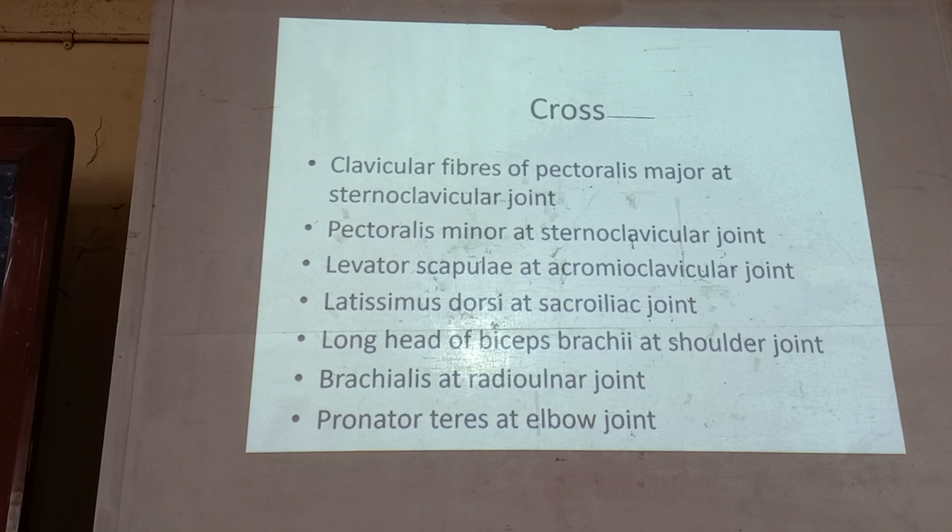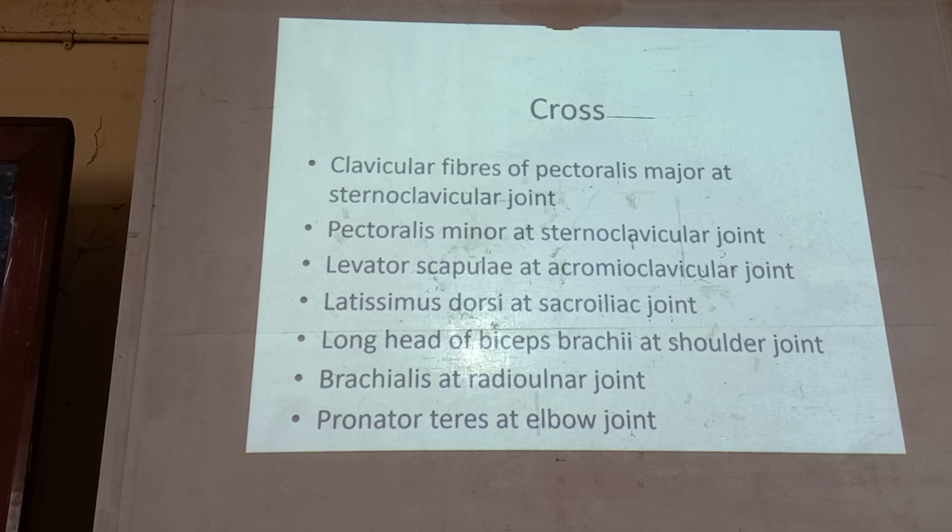So costal fibers start from costa and reach humerus. From costa to sternum, costosternal joint, from sternum to clavicle, clavicle to scapula, scapula to humerus. So costal fibers cross one additional joint, the costosternal joint also, because there is no direct synovial joint between ribs and clavicle. It has to go through the sternum.